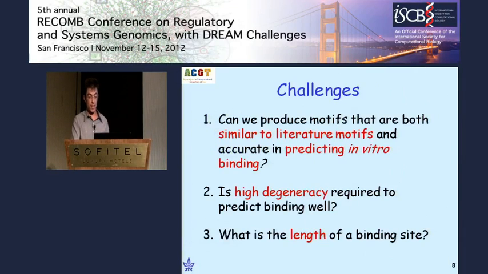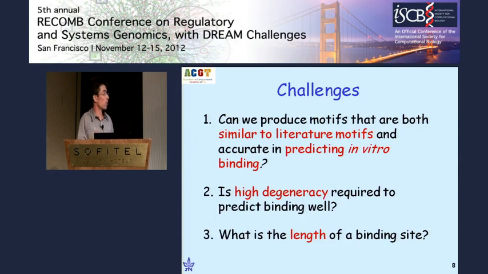So, following these conclusions, we raise the following questions. First, can we develop a method that will be able to produce motifs that are both good at predicting in vitro binding and similar to the literature motifs?